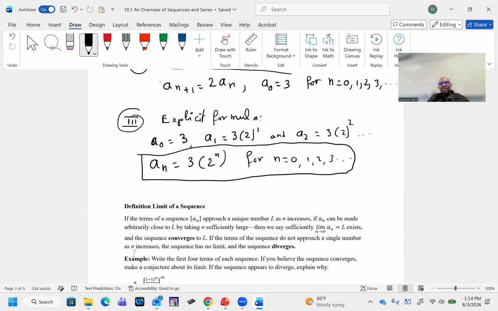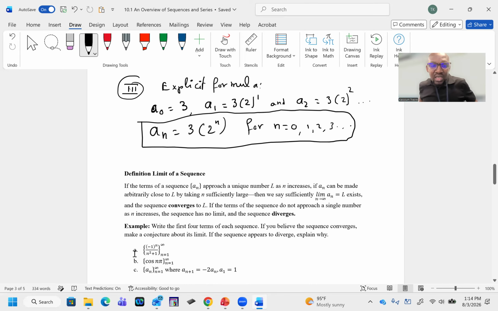Do they approach a specific number? And if so, what is that number? Or do they grow in magnitude without bound? Or do they wander around with or without a pattern? You need to always understand that behavior, and that is important for a sequence.